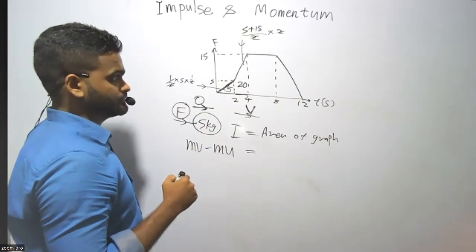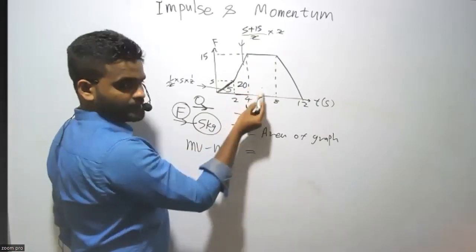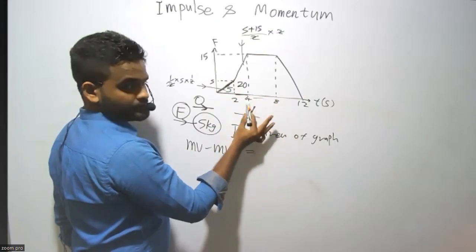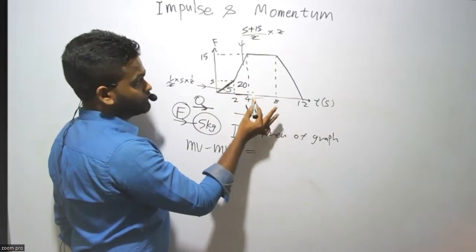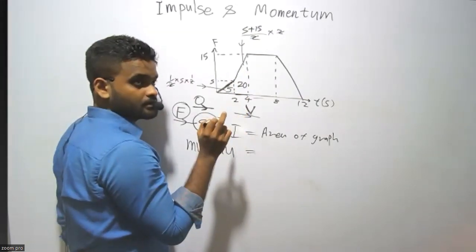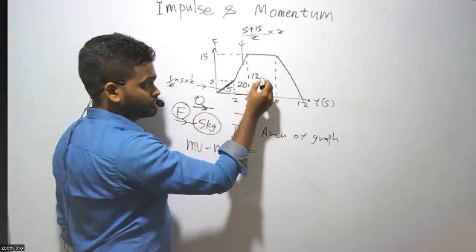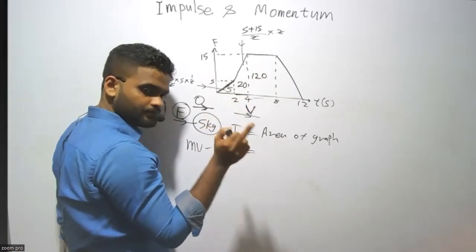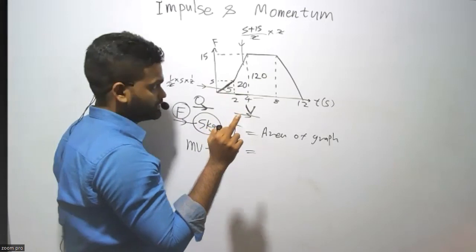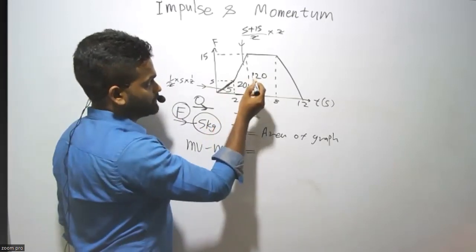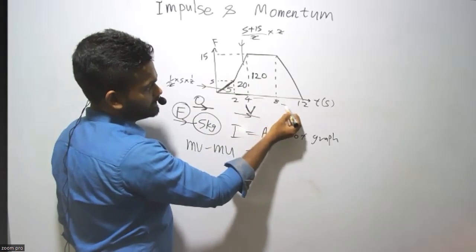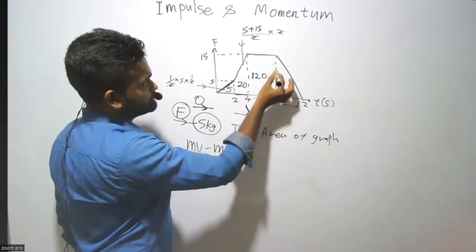Okay. Then we have a rectangle. This length is 4. 8 minus 4, so it is 4. 4 times 15. 4 times 15 is 60. Then we have another triangle.